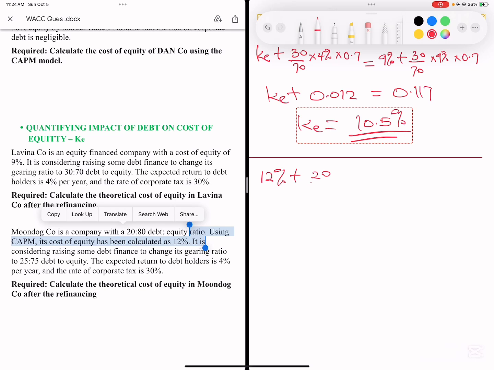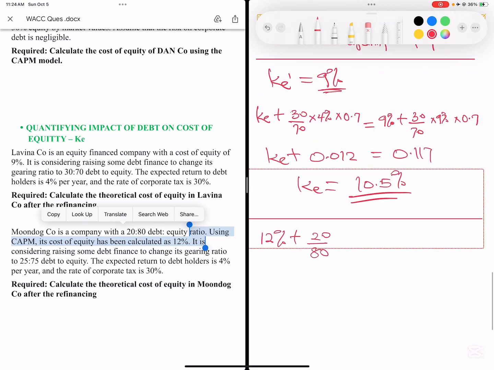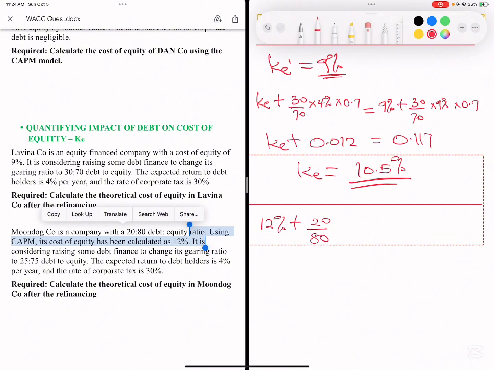So 20 over 80, that's the current finance structure. The cost of debt was given to be 4%, so multiply by 4%. Tax 30%, so 1 minus T, 0.7.